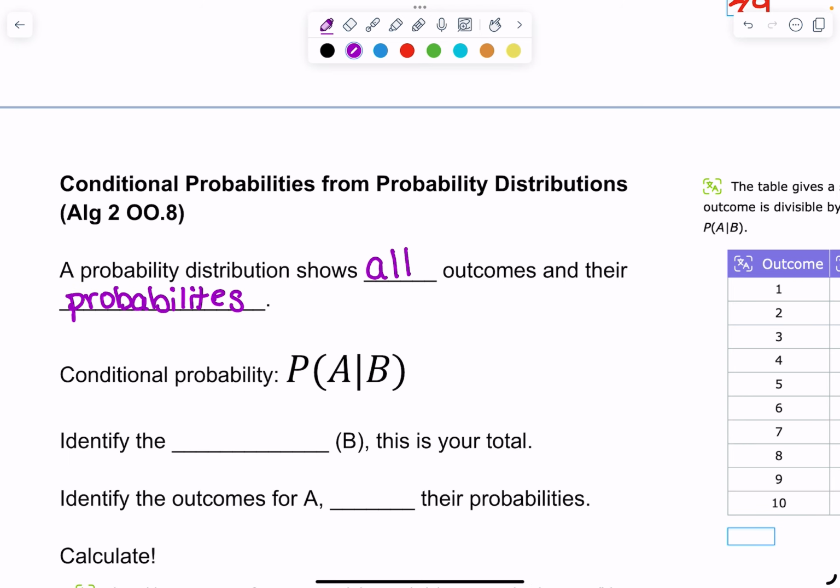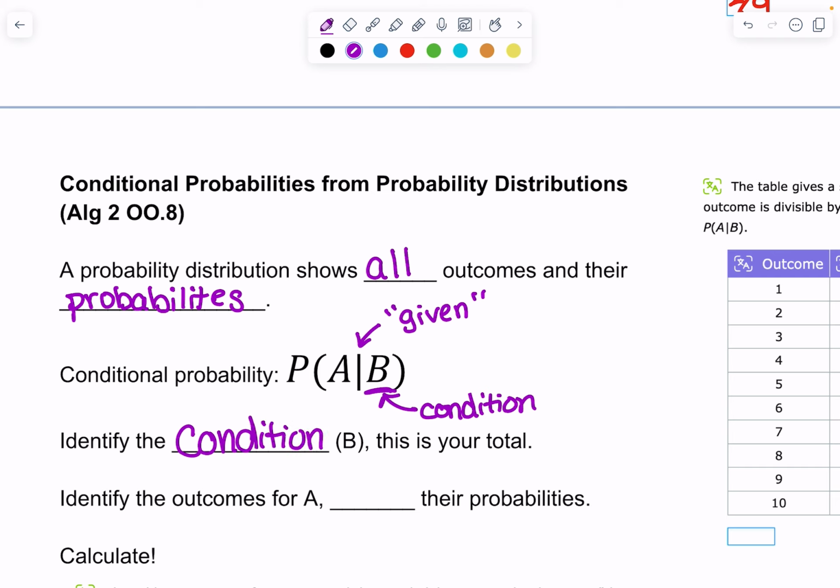Conditional probability symbolically is written like we have here, where we have the probability of A given B. So when we're looking here, this line says given, so B is our condition. Whatever comes after the line is the condition. So we're going to identify the condition.